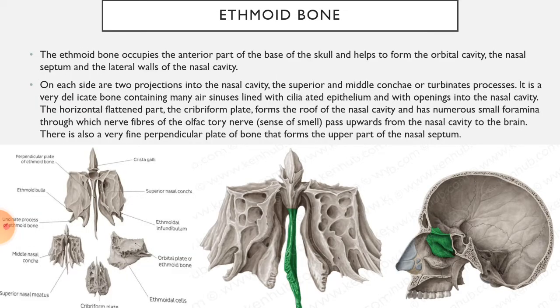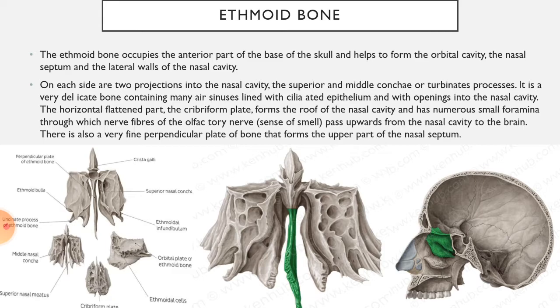Next is the ethmoid bone. The ethmoid bone occupies the anterior part of the base of the skull and helps to form the orbital cavity, the nasal septum, and the lateral walls of the nasal cavity. On each side are two projections into the nasal cavity, the superior and the middle nasal concha, or the turbinate processes.